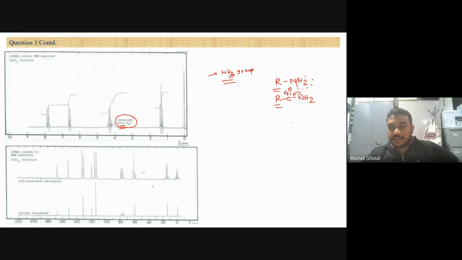Here nitrogen has a chance of resonance, so it is very difficult for it to exchange protons with the solvent. But isolated means it is not attached to any other functional group for which the nitrogen can undergo conjugation. That is what I am saying.